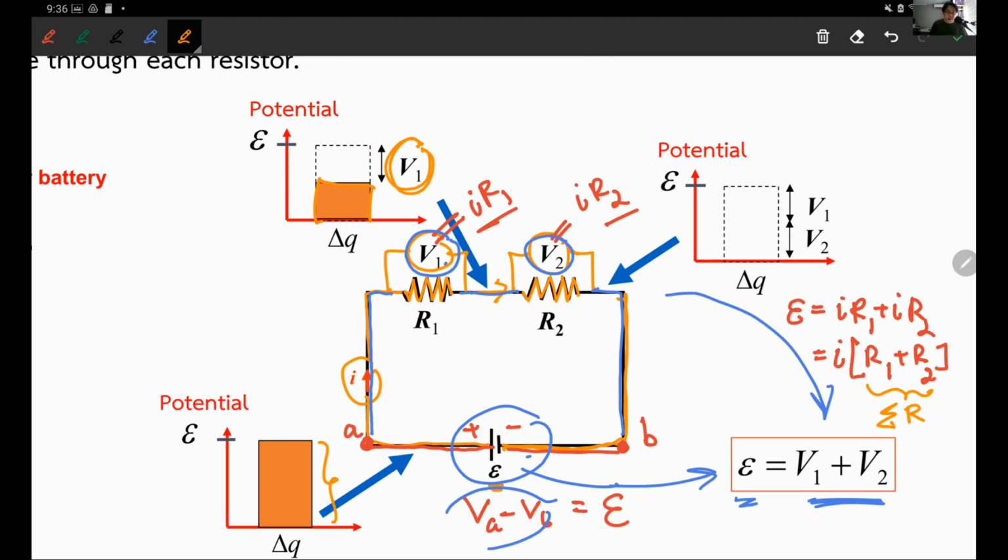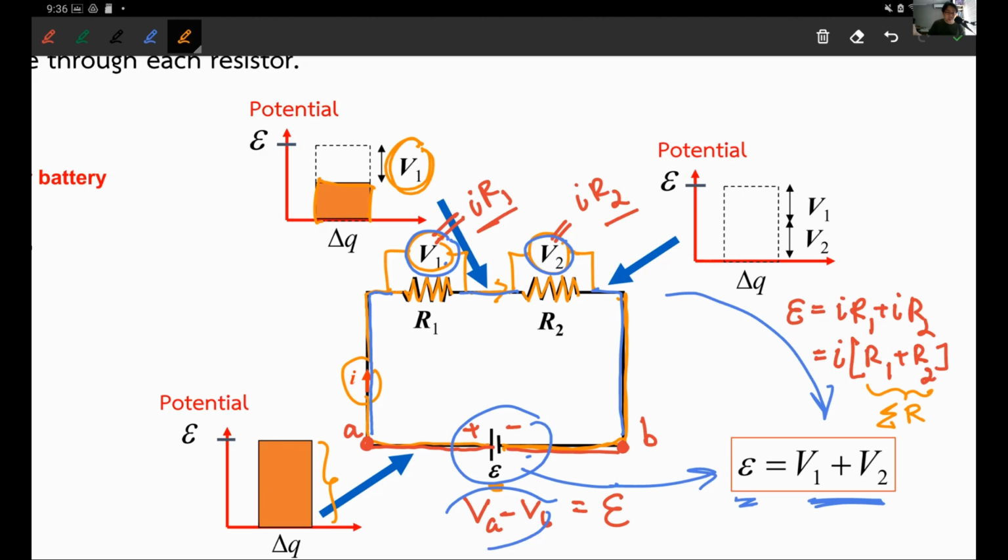All right, so when I say I can name that R1 and R2 to be like a single sigma R, this is what we can say that I am finding an equivalent resistance.